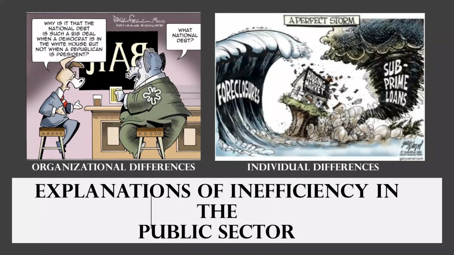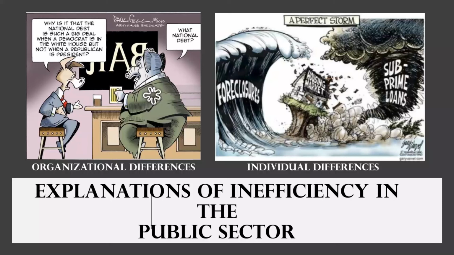If we can think about one way to answer all of them, it has to do with organizational differences and individual differences, right? This is the way that we seek to explain the inefficiency in the public sector. First of all, organizational differences.